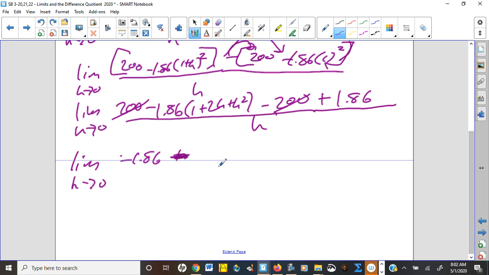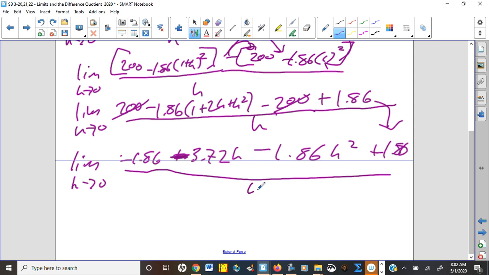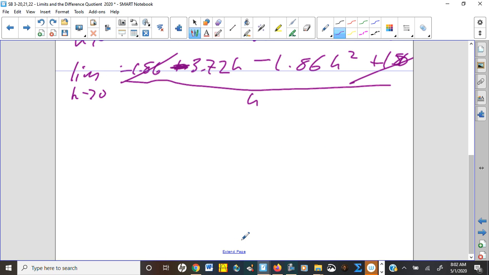So minus 3.72h, and then minus 1.86h squared, and then plus 1.86 that was kind of hanging out over here. And what we're going to find is that this negative 1.86 and this positive 1.86 go away for us, so we appreciate that. So now all I have left is two terms that have an h in them.